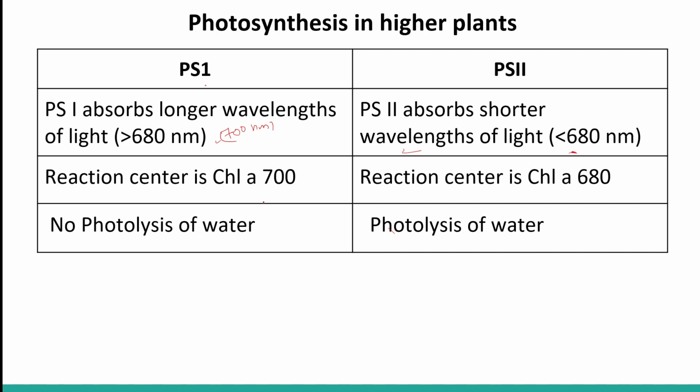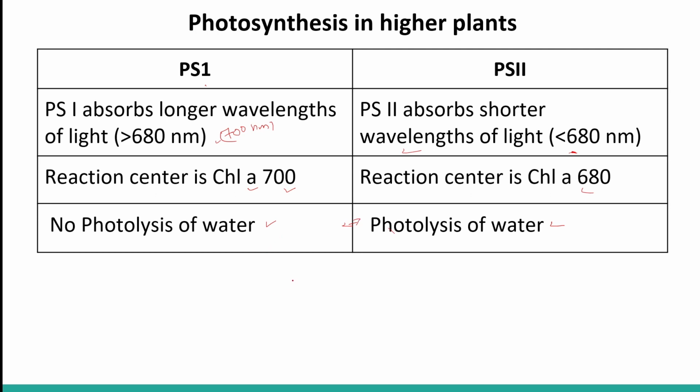The reaction center here is chlorophyll A with maximum absorption at 700 nanometer; here again the reaction center is chlorophyll A with maximum absorption at 680 nanometer. No photolysis of water takes place in photosystem 1, and there is photolysis of water in photosystem 2. This splitting of water we will be discussing in detail in the next session.